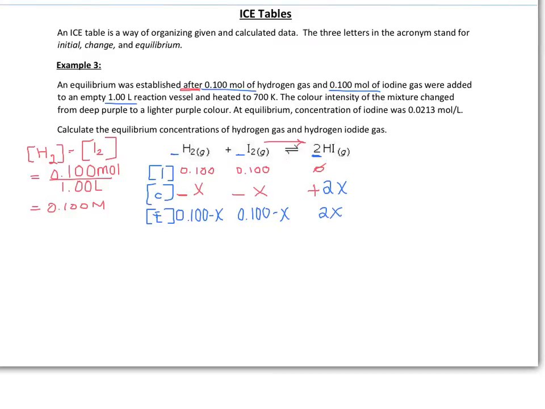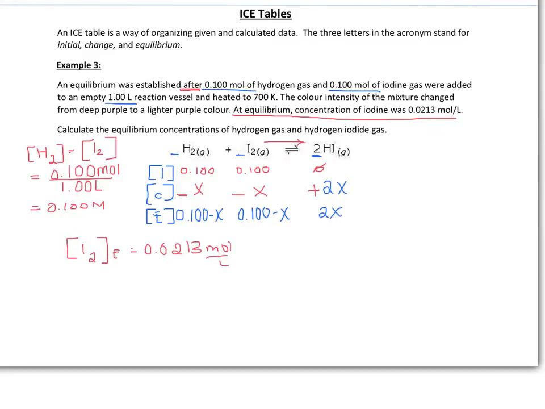Once you've set up your ICE table, you then go back to the question for what I call the extra piece of information. In this question, we were told that at equilibrium, the concentration of iodine was 0.0213. So the iodine at equilibrium is 0.0213 moles per liter.